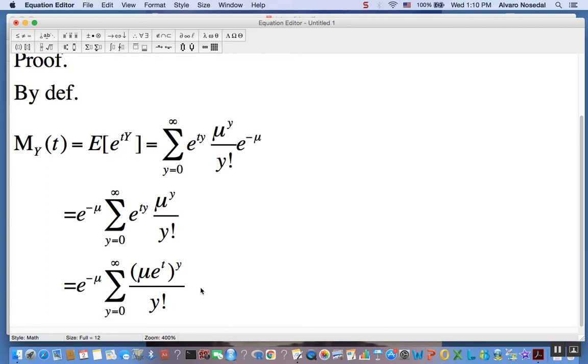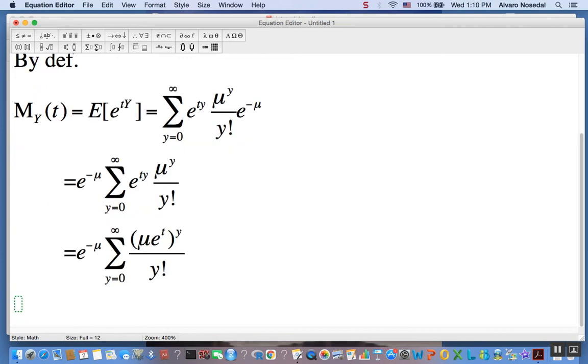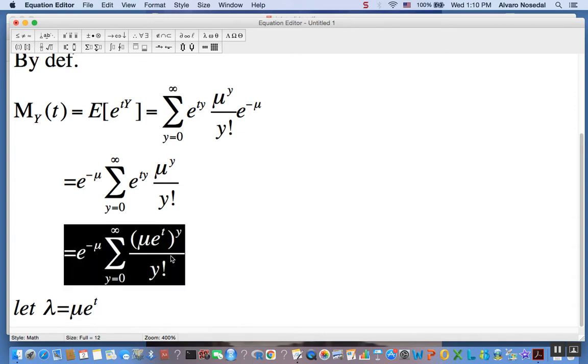Let's make a change of variable here. Let lambda be this term here, mu times e to the power of t. Okay? So if we do that, let me copy paste this.